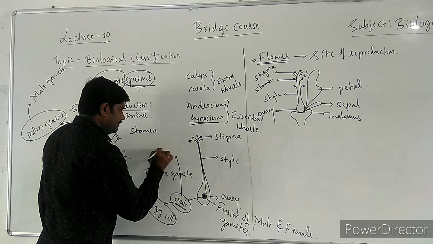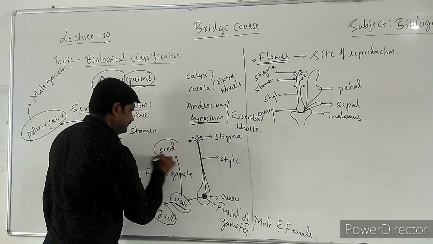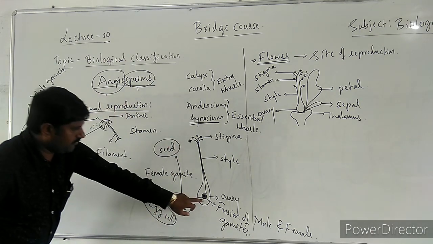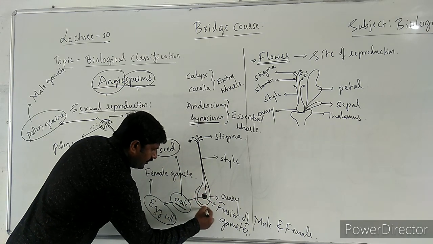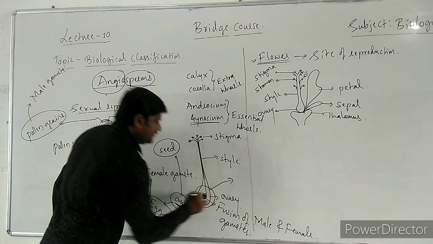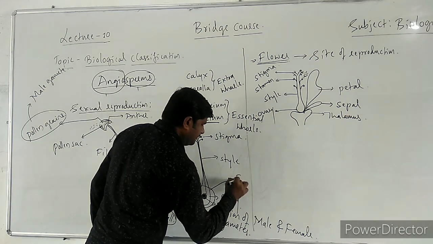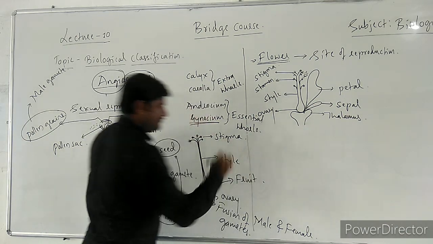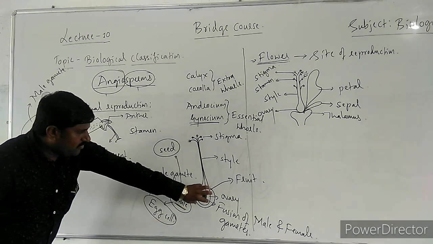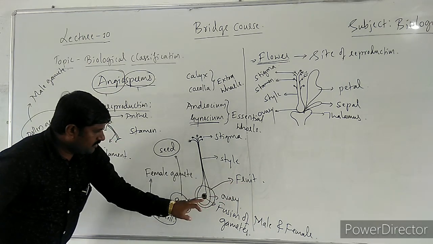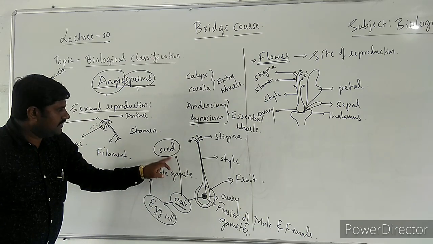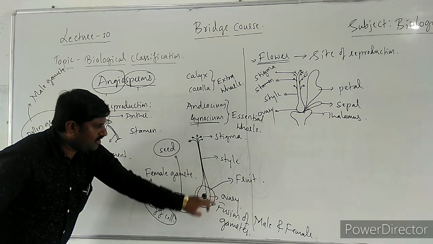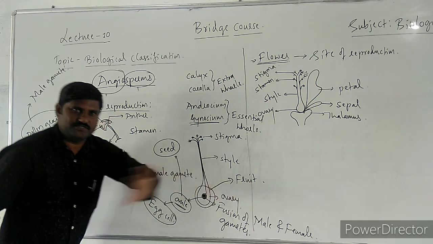this ovule becomes a seed, and then the entire ovary becomes a fruit. The entire ovary becomes the fruit, and the ovule inside becomes the seed. Seed is enclosed with what now? Fruit.